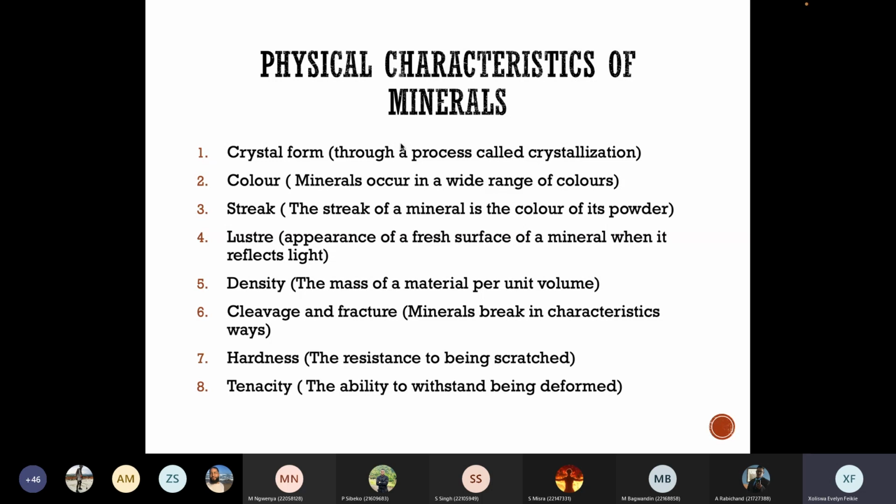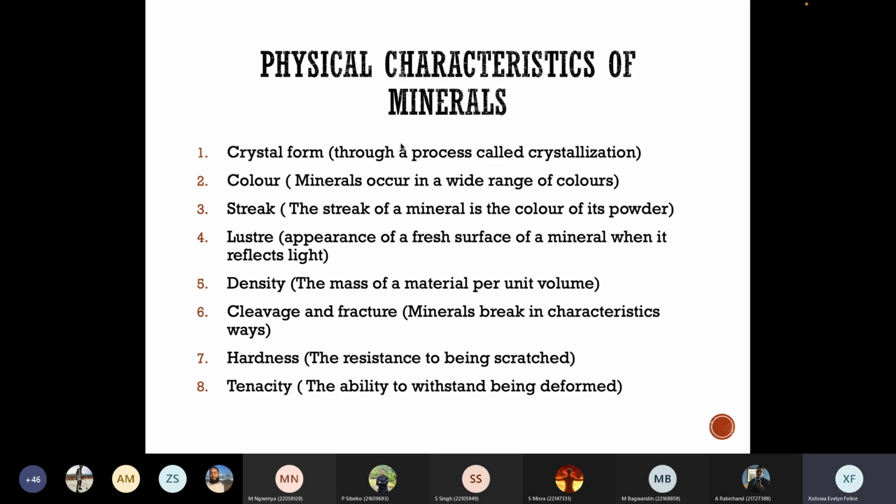So if maybe a question comes and they ask you, between streak and color, which characteristic will be better to identify a mineral with, then the answer will be the streak, because they say that the streak of a mineral is the color of its powder. That will never change.